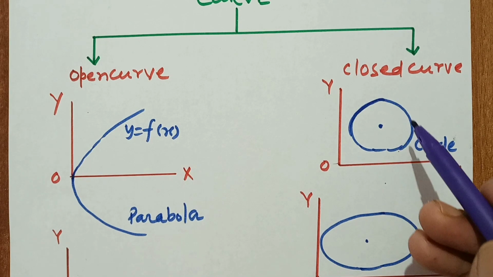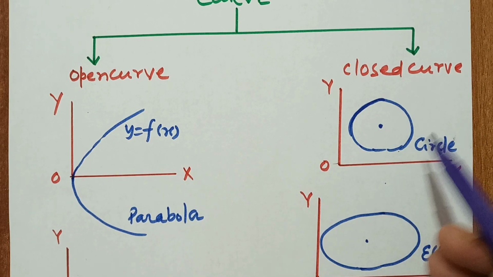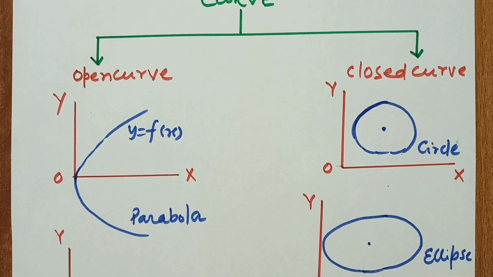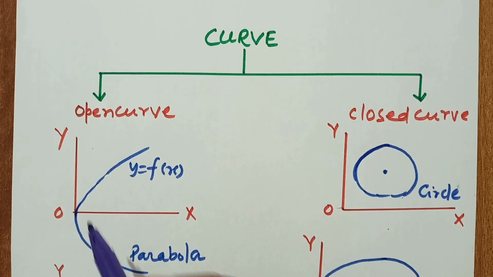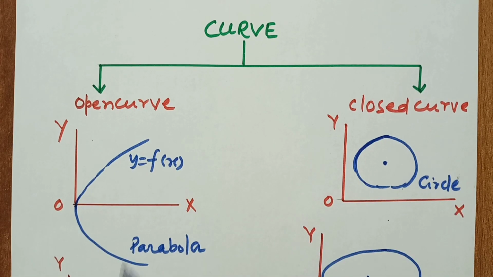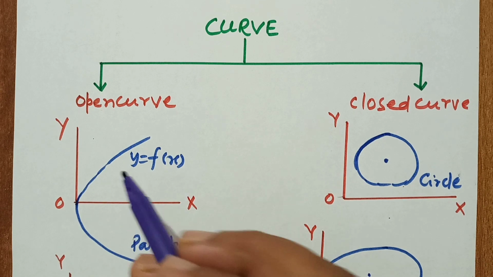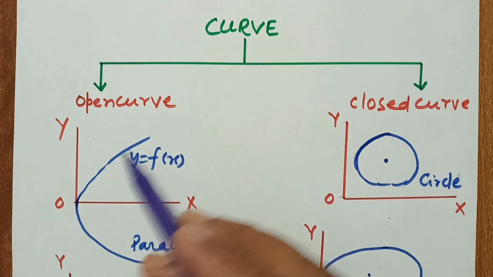Now some curves are open, so branches of these curves, like parabola and hyperbola, go to infinity.